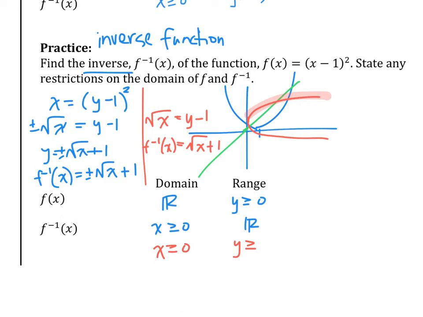But if the question asks for inverse function, then you need to restrict it so that it actually becomes a function. So a parabola is not going to have an inverse function. And also think about the previous section: how did you check to see if a function will have an inverse function? Use the horizontal line test. And the parabola definitely fails the horizontal line test, so we know it doesn't have an inverse function.